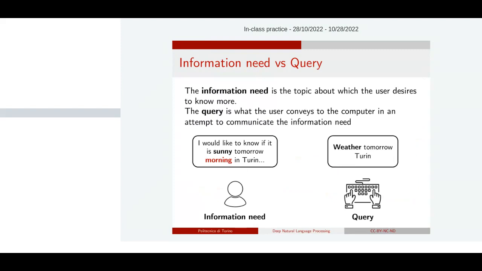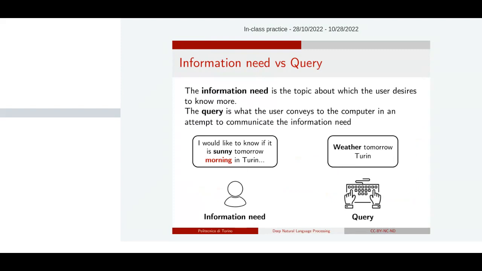Here I have an example. The information need for the user is that you want to know if tomorrow morning is sunny in Turin. What the user types on the keyboard is different from their thought.